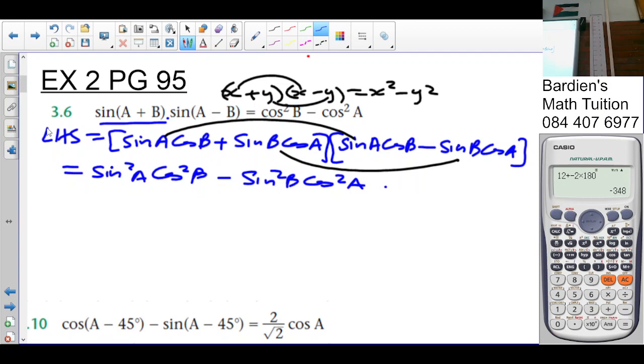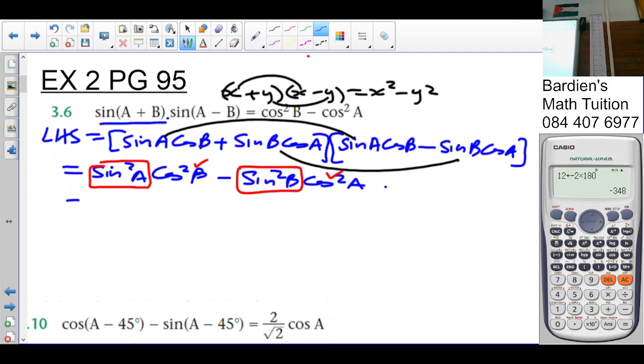So what do you notice? They want the cos squared B, so this one I'll keep, and they want cos squared A. Let's keep, just change the signs. Okay? So we know that sine squared A plus cos squared A is 1, sine squared B plus cos squared B is 1.